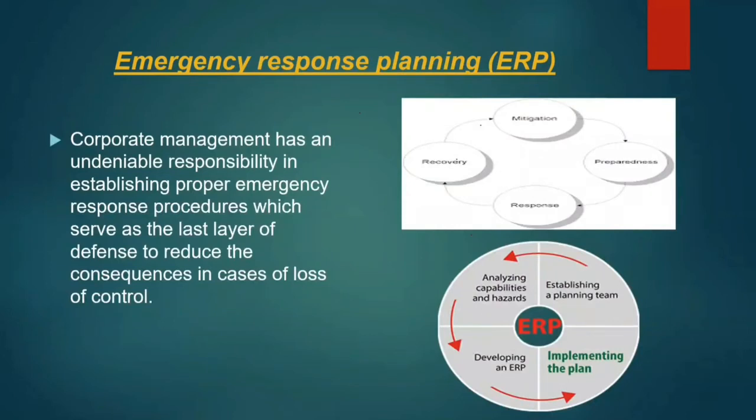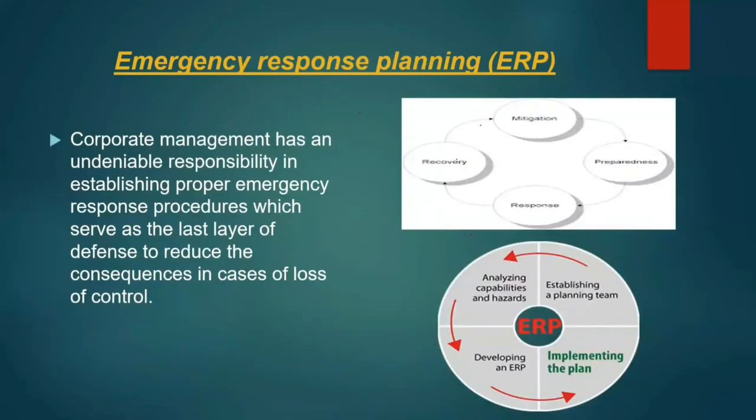For your information, there are three main components of emergency response procedure, which include, here in the figure, preparedness, mitigation, and recovery, and we need response to implement all of them. Let's talk about it in detail. The first is preparedness, applied by identifying credible scenarios and assessing operating procedures and safety measures.